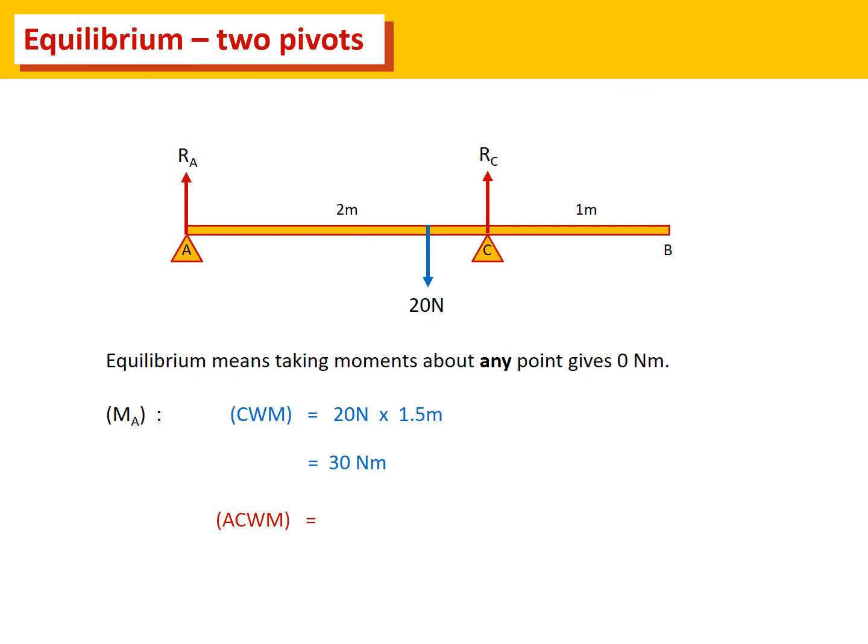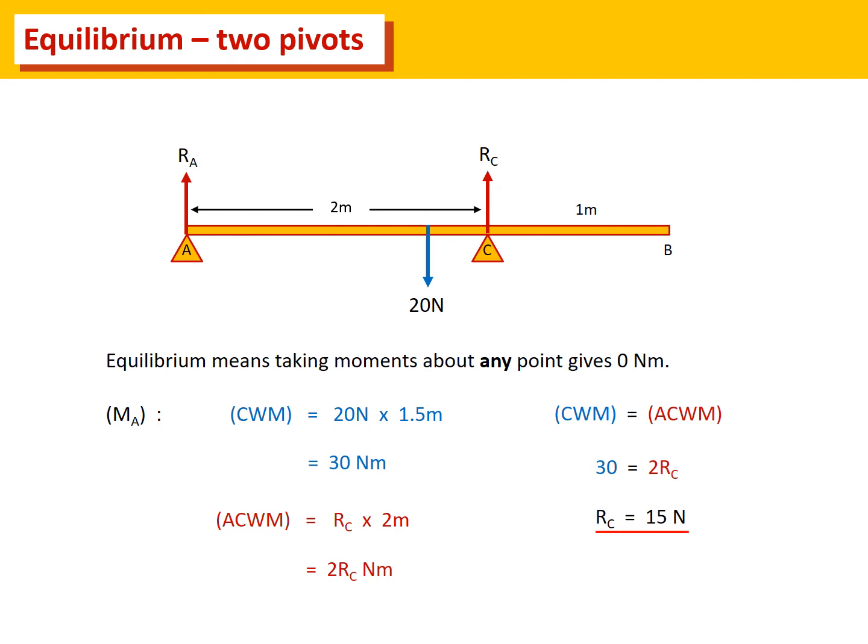The anti-clockwise moment is given by the reaction force at C, so that's RC multiplied by 2 meters. And because it's in equilibrium, those two things are equal, and therefore we can calculate the reaction force at C to be 15 newtons.